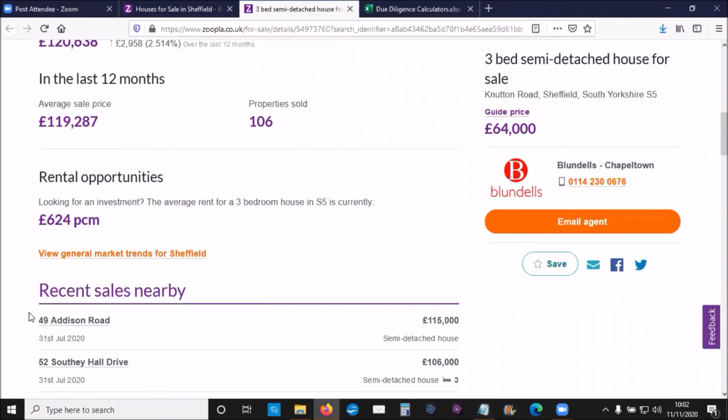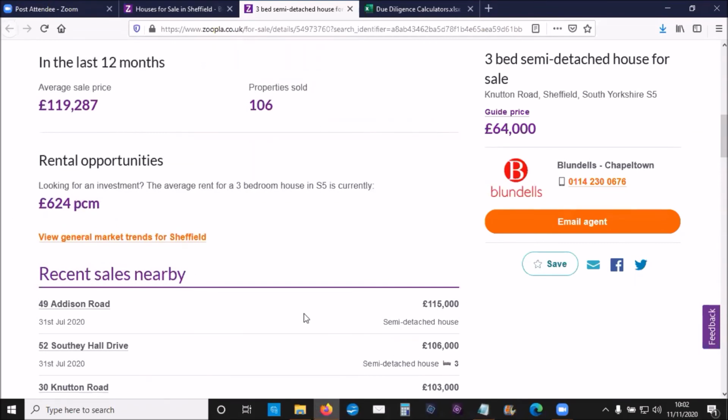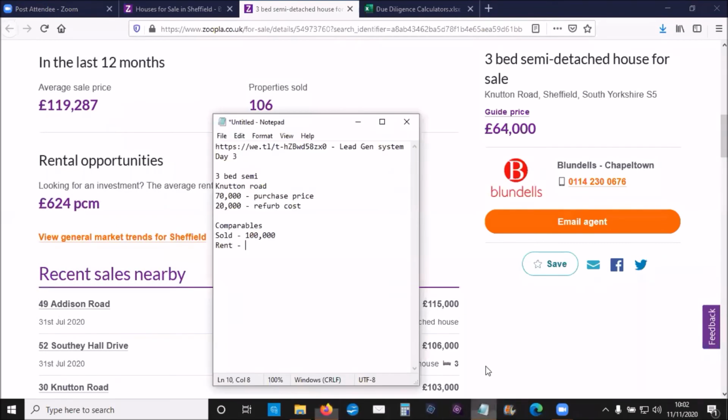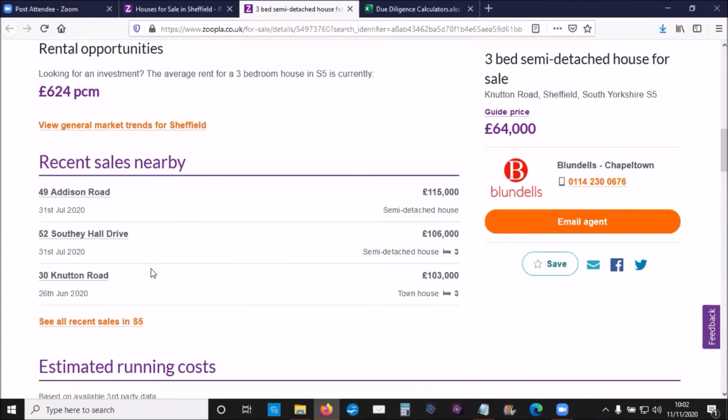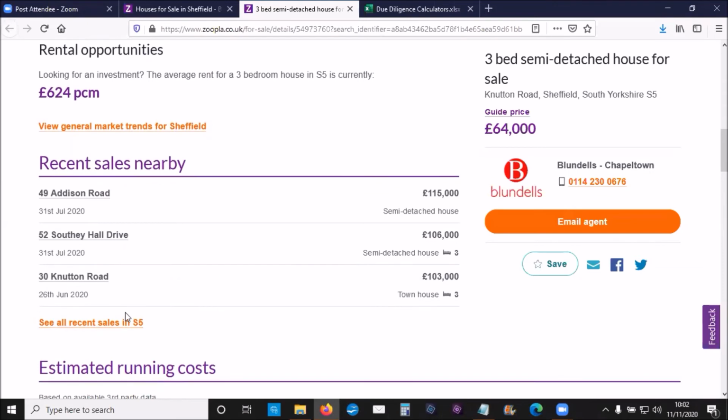It says here average rent right now is 624. Again, I'm going to be a little bit conservative and just say £600. See all recent sales in S5.